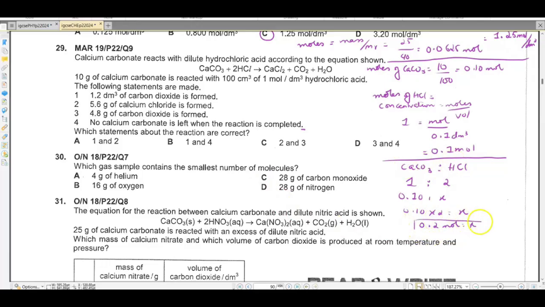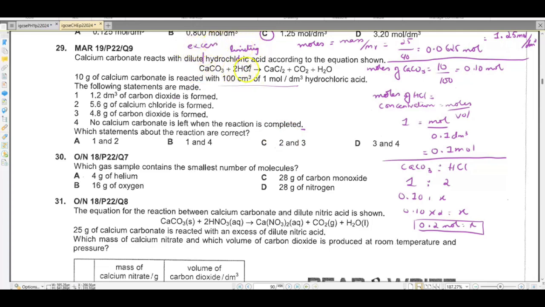Theek hai? So we needed 0.2 moles, but according to the statement of the question, we just have 0.1 moles of HCl in this reaction. So this means that HCl is the limiting reactant and CaCO3 is in excess.